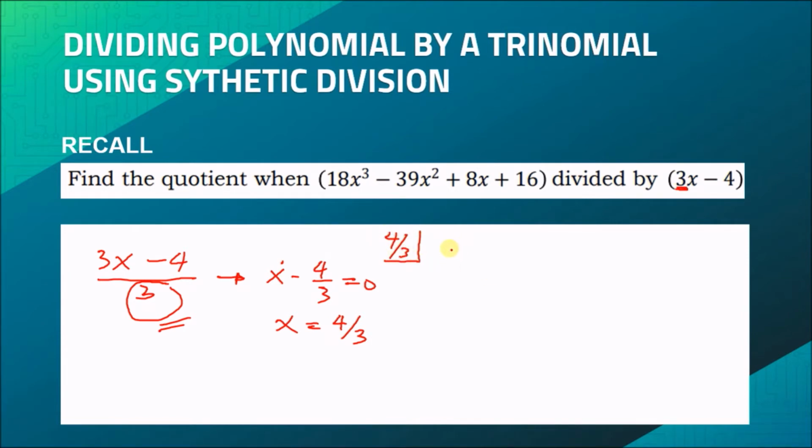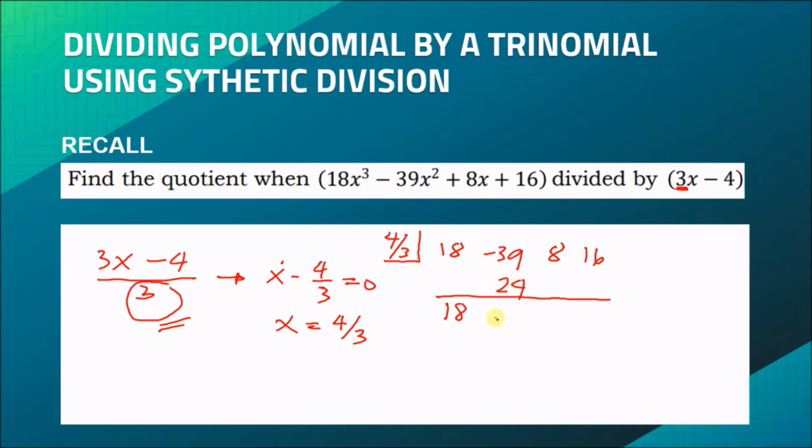And those numbers na coefficient ay 18, negative 39, 8, and 16. Naka-standard na siya kaya kinopya lang natin yung mga coefficients. Pero tandaan, kailangan gawin nyo munang descending or standard yan bago kayo maglista ng mga coefficients. Bring down the 18. 18 times 4/3, if you will simplify that, you will arrive at 24.